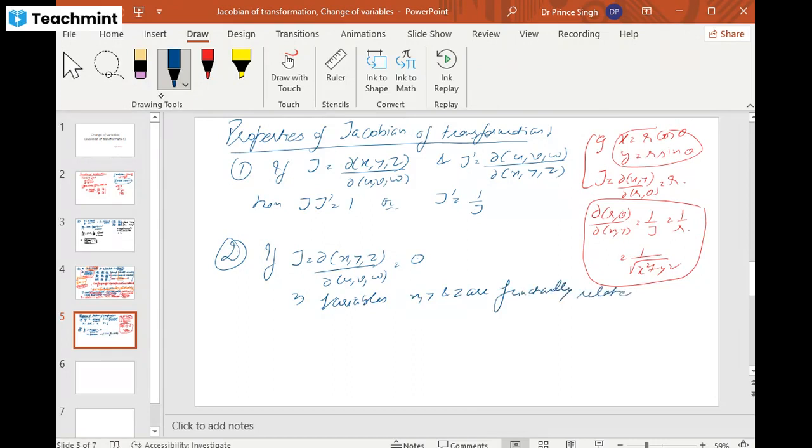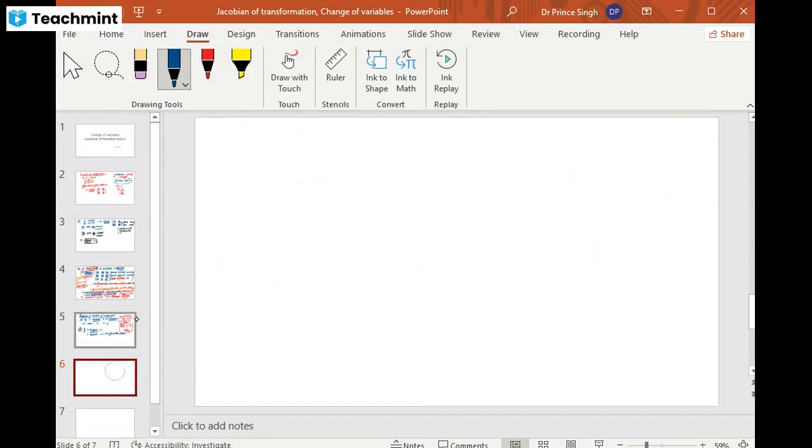It means that there is some relationship between the variables x, y, z. Like otherwise, when I say x equal to r cos theta, y equal to r sin theta, then we are saying that x and y are independent variables. r and theta are also independent. But if the Jacobian of transformation of a set of variables comes out to be 0, it means that these variables must be functionally related, right? Okay, let us consider an example to understand this problem.